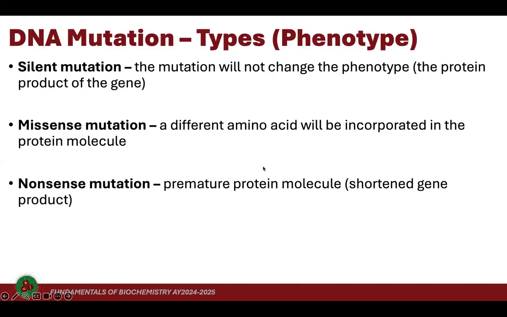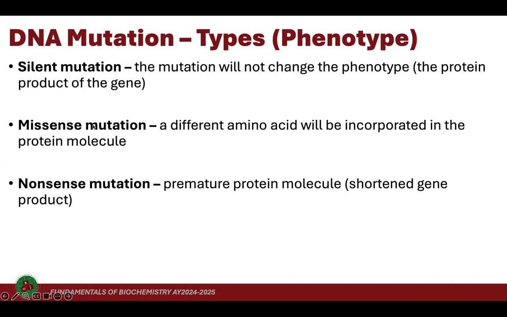And we also have the types of mutation based on the effect on the phenotype. So is it a silent mutation? So the sequence of your DNA is changed, but the protein product retains its amino acid sequence. And again, this is a consequence of the degeneracy of your genetic code.